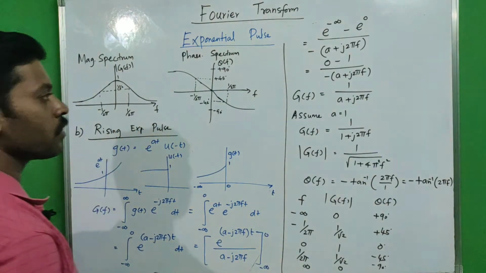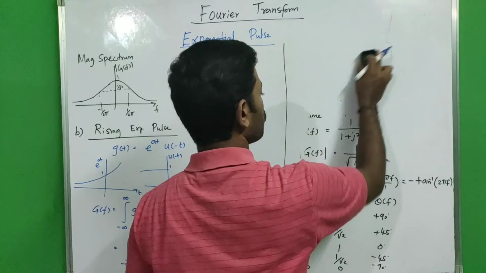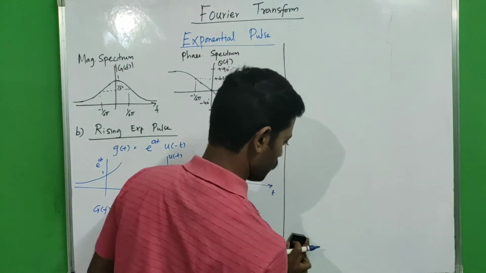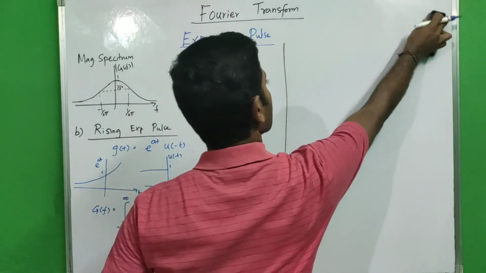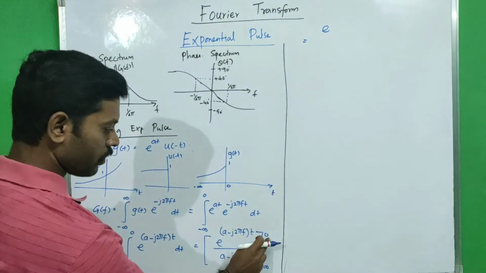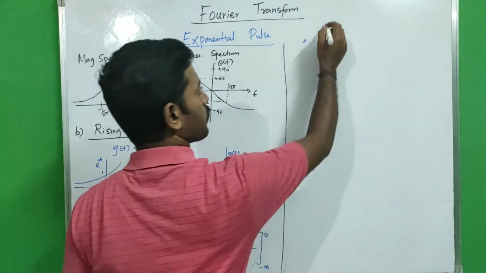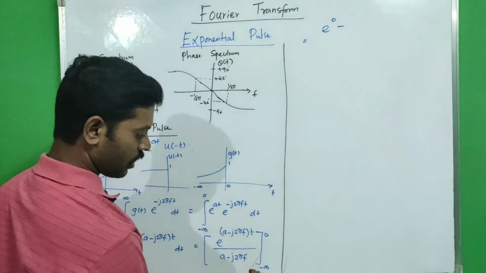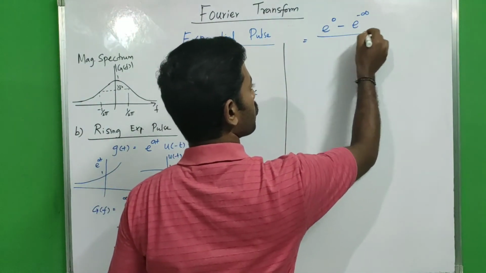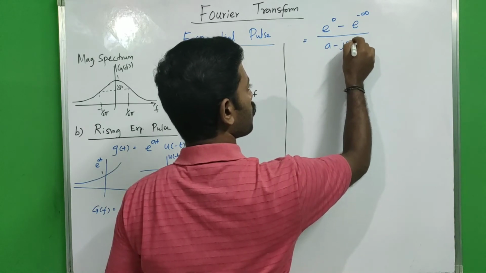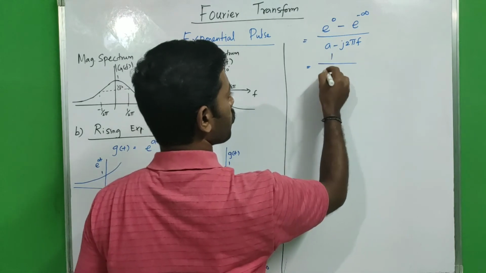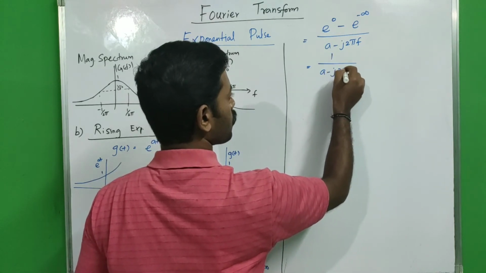Now apply the limits. On applying limits, we will get e power of the upper limit 0, so e power of 0, minus the lower limit minus infinity, e power of minus infinity, divided by a minus j 2 pi f. On simplification, we will get 1 divided by a minus j 2 pi f.